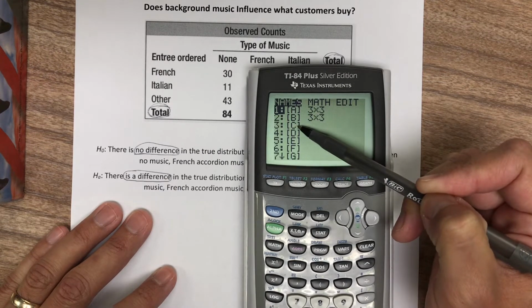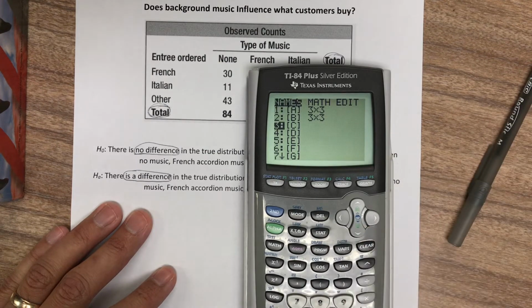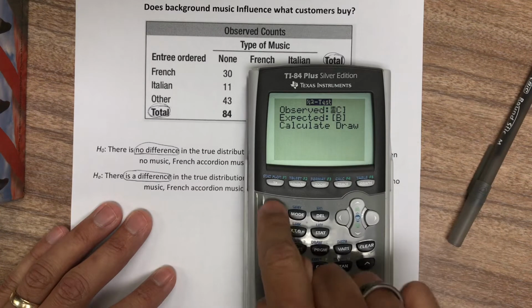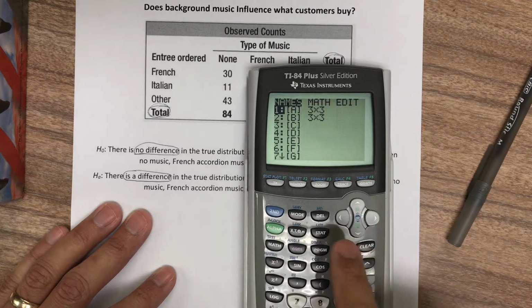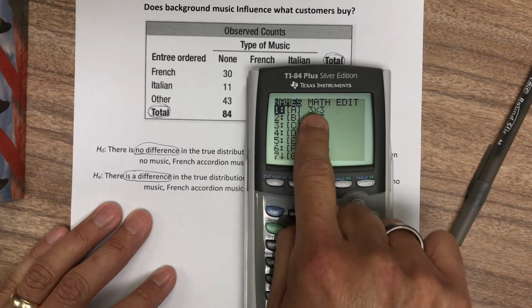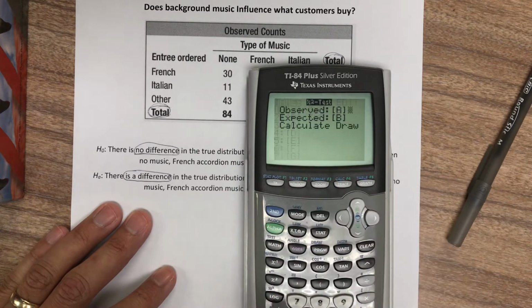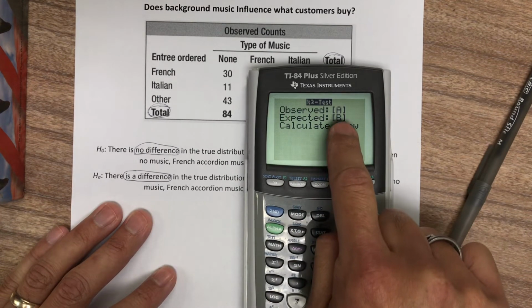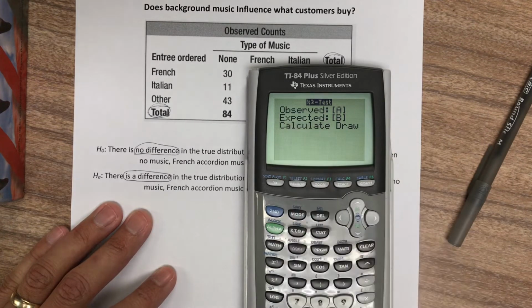But if, let's say, you use matrix C, you just go down to C, and that's going to change it to matrix C. So I'm going to change it back to matrix A, because that's where my data is. I want the expected counts to be stored in matrix B, that's fine, and I'm going to calculate.